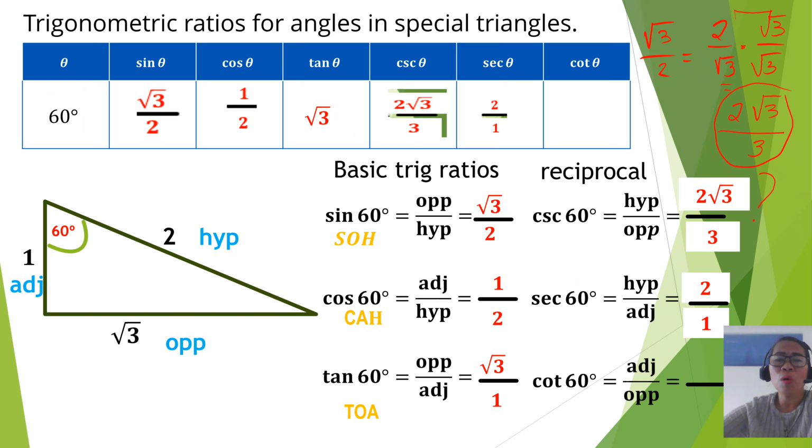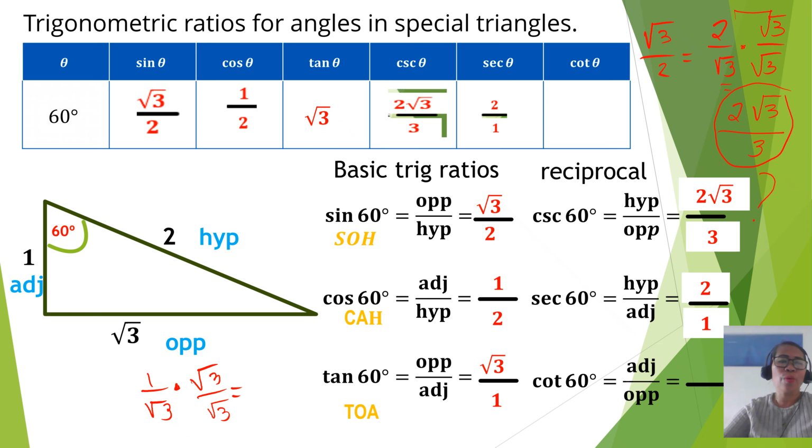And then what about the cotangent 60? The cotangent 60, guys, is the reciprocal of square root of 3 over 1. And what is its reciprocal? The reciprocal of square root of 3 over 1 will become 1 over square root of 3. Again, the denominator is containing a radical, so we will be multiplying it by square root of 3 over square root of 3.